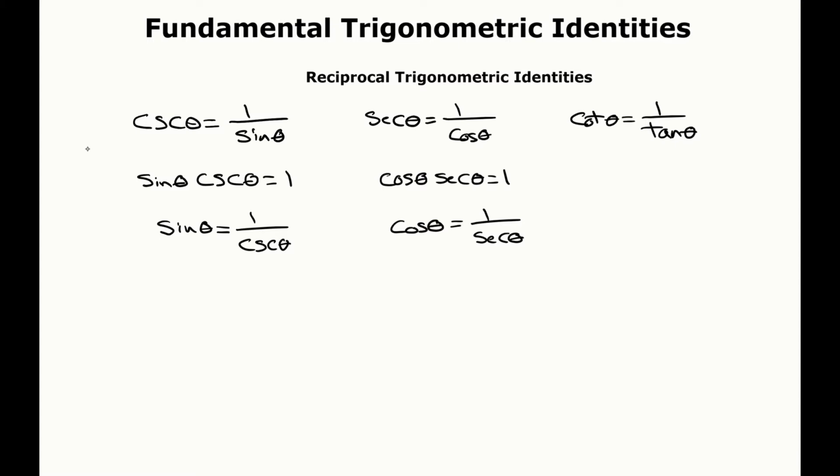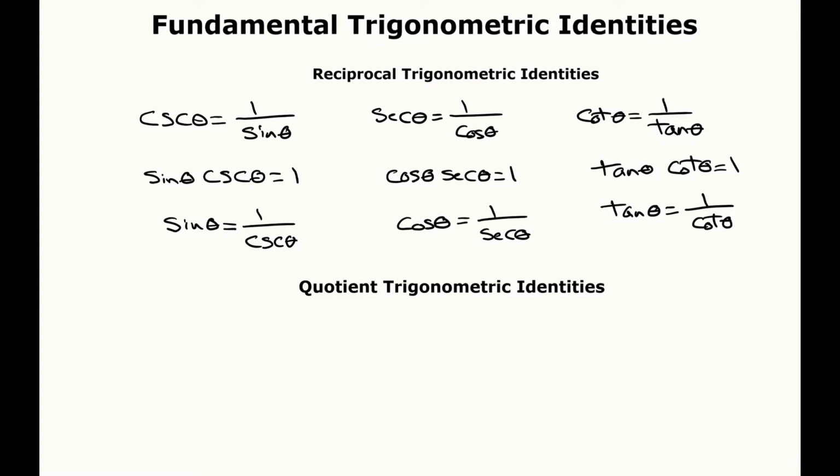Next, we can go ahead and cross multiply again. We can get tangent theta times cotangent theta equals 1. And we can also solve that for tangent of theta to get tangent of theta equals 1 over cotangent of theta. So extremely simple, but we'll be using them quite often.